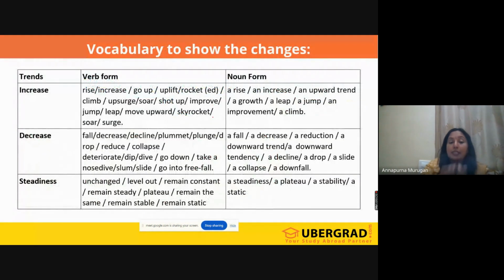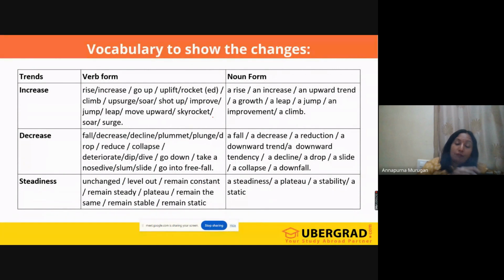But before this, I would like to tell you about the different words that you can use. Instead of numbers, you can use increase, decrease, maximum, minimum. These kinds of words you can use.